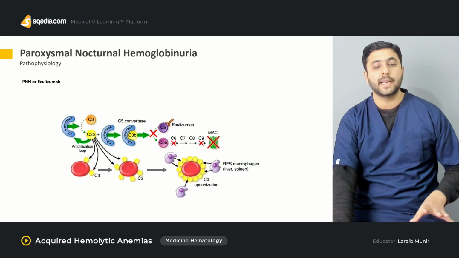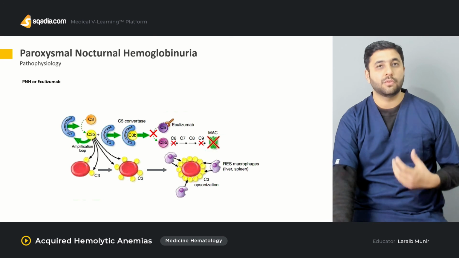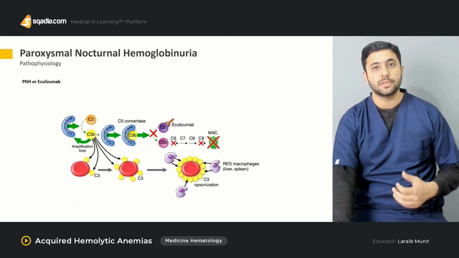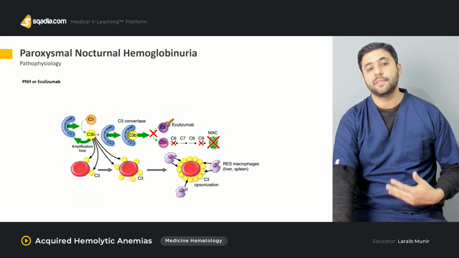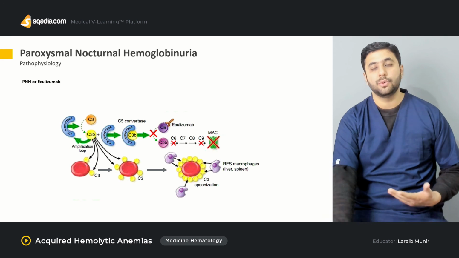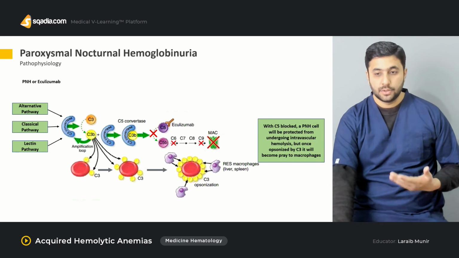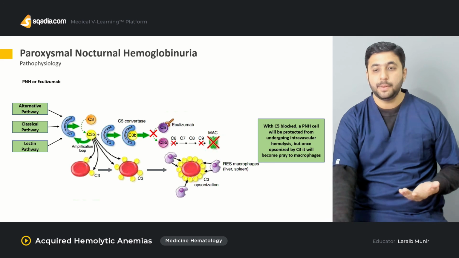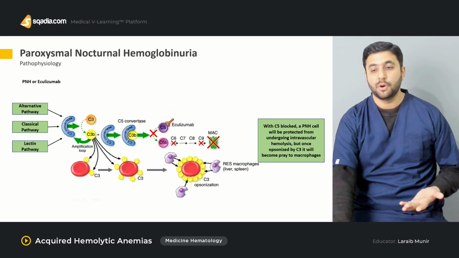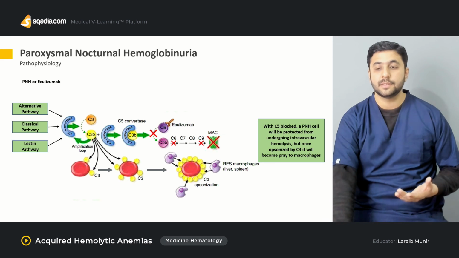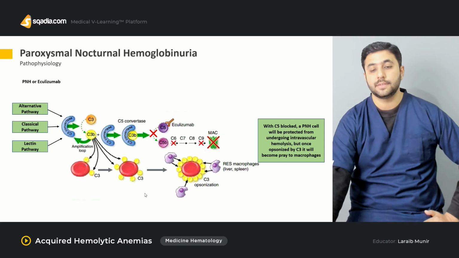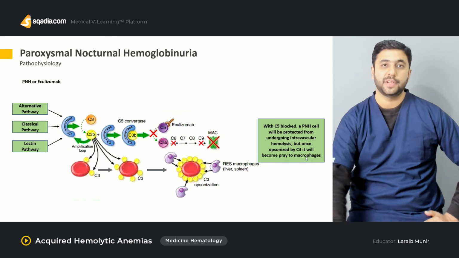So these diagrams very nicely explain what is happening in PNH when we give the patient eculizumab, the anti-C5 antibody. With C5 blocked, a PNH cell will be protected from undergoing intravascular hemolysis, but once it is opsonized by the C3, like here, once it is opsonized by the reticuloendothelial cell macrophages because of the C3 present on the RBCs, it will become prey to macrophages.